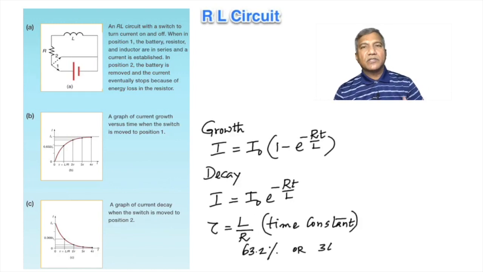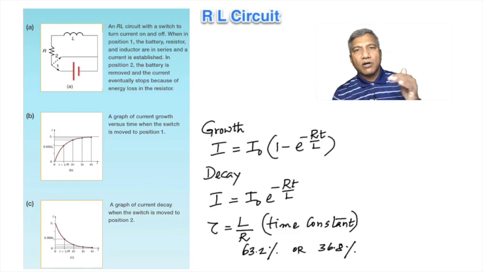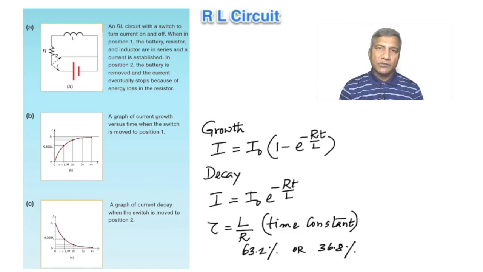And it's actually the time taken for the current to grow to 63.2% of its maximum value, or to decay to 36.8% of its maximum value. So that's the time constant, and that's an LR circuit.